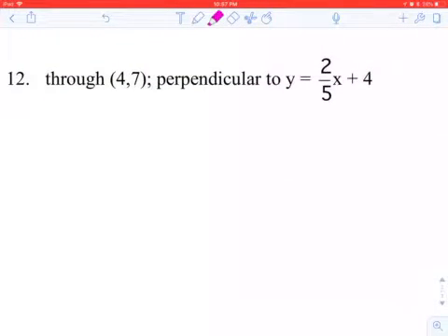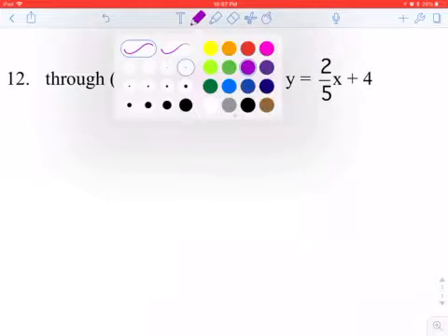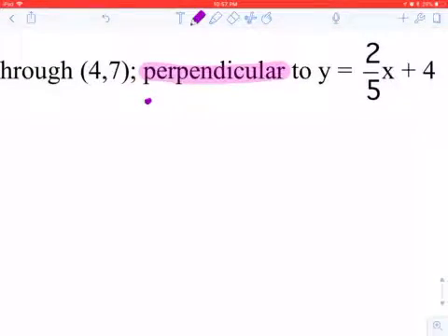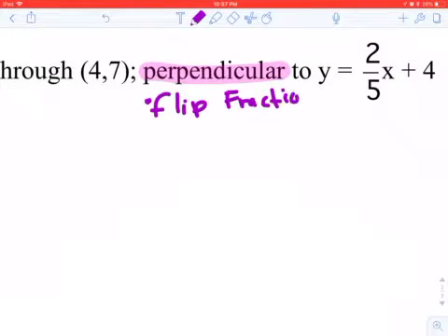Okay, 12. Perpendicular. So remember, recall, perpendicular means first thing you need to do is flip the fraction. And then you got to change the sign.